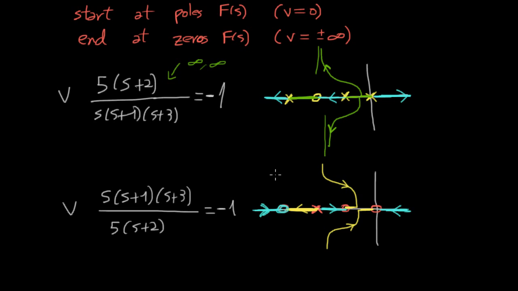That's quite obvious since, as we know, when we have a complex pole, its complex conjugate is also a pole of the system, and that leads to the symmetry of the root locus.